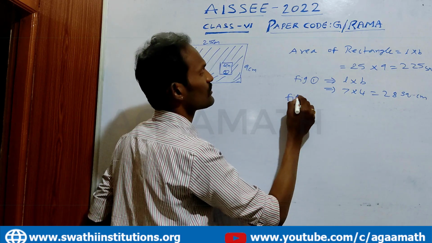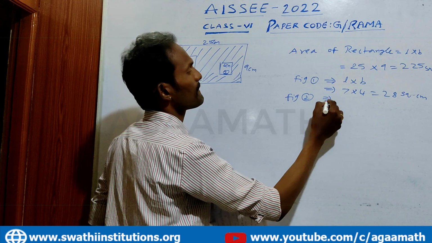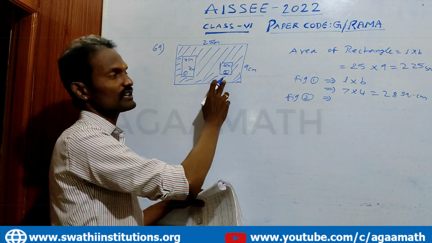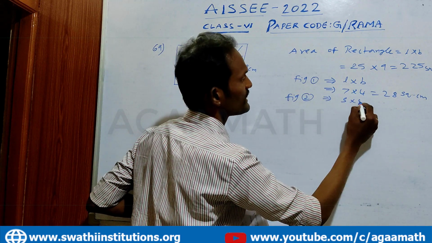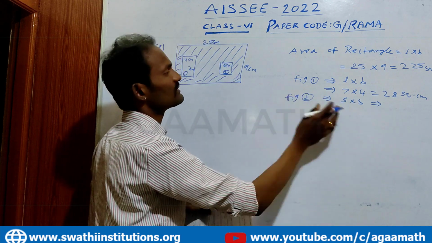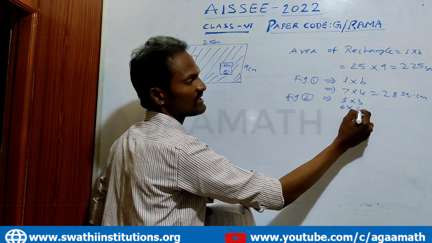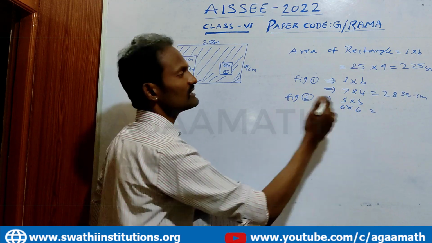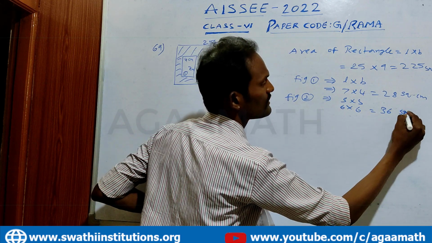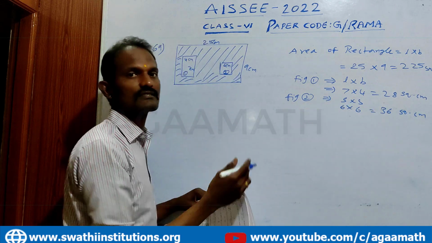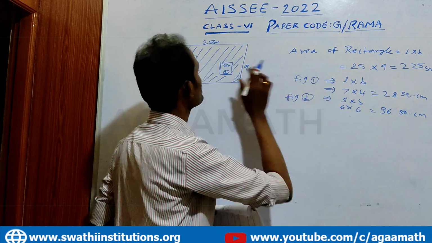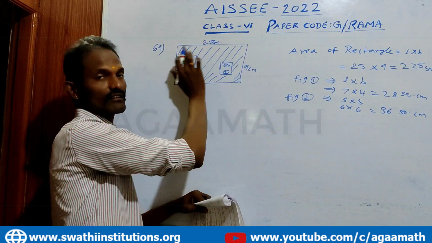Now figure 2, which is in square shape. The area of a square is side times side, which is 6 times 6, equal to 36 square centimeters.